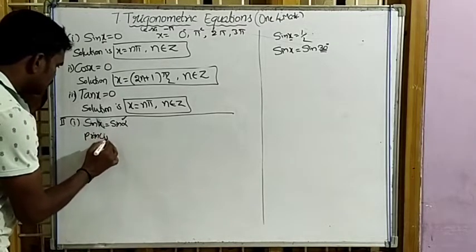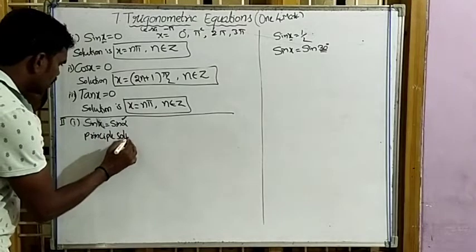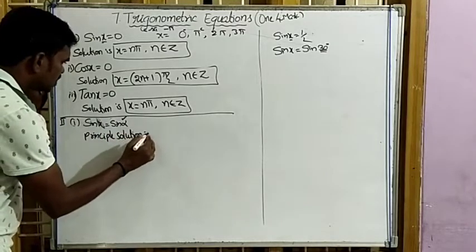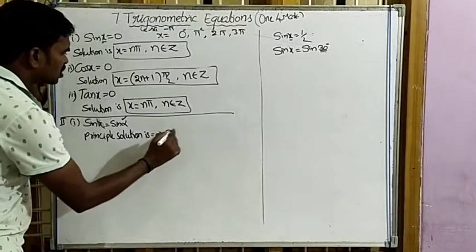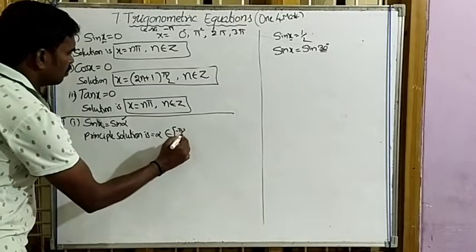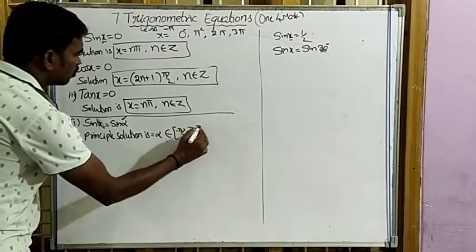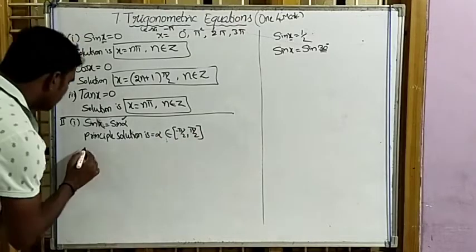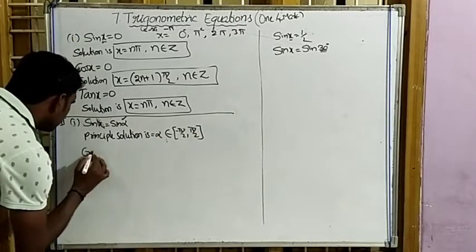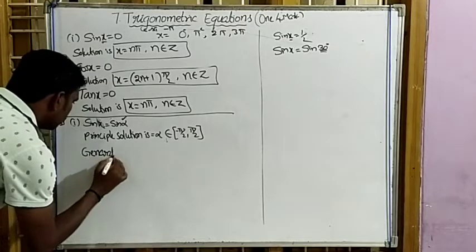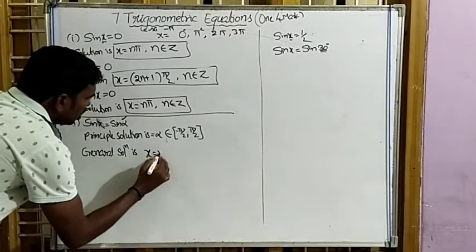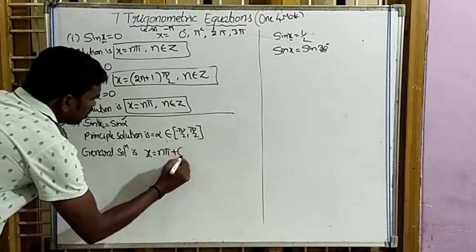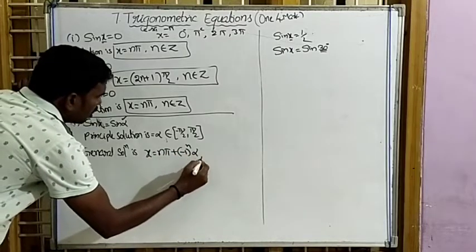Here the principal solution is alpha, and this alpha value must lie between minus pi by 2 and plus pi by 2. Then the general solution is x is equal to n pi plus minus 1 power n into alpha.